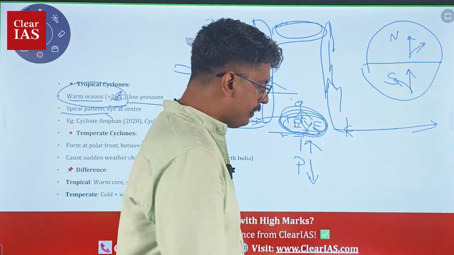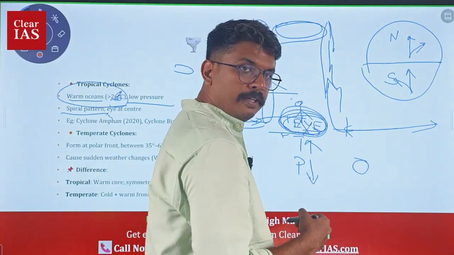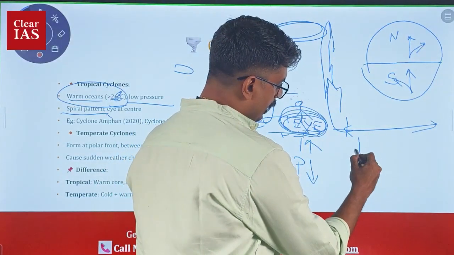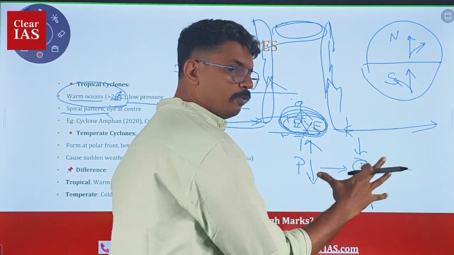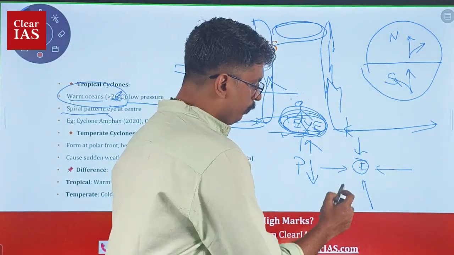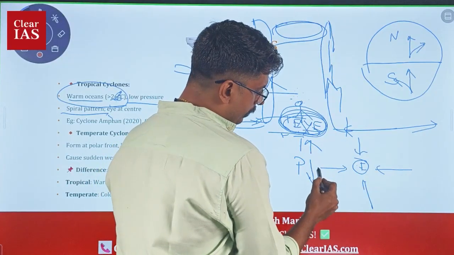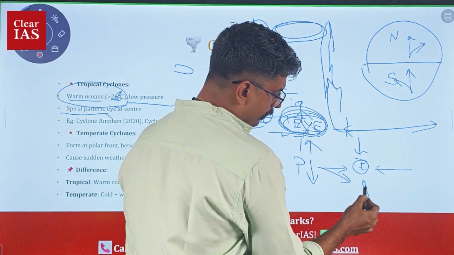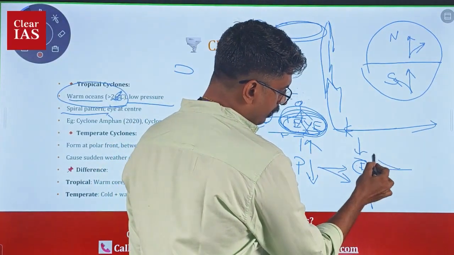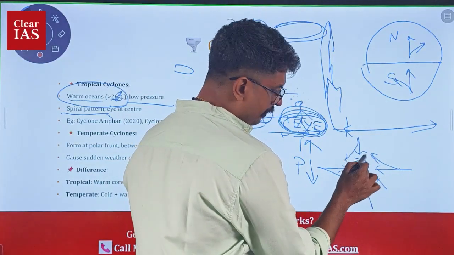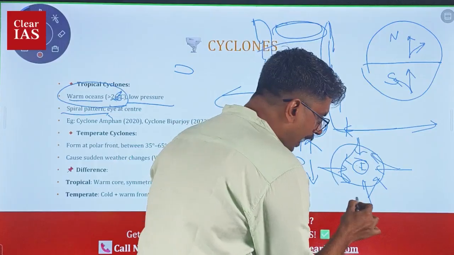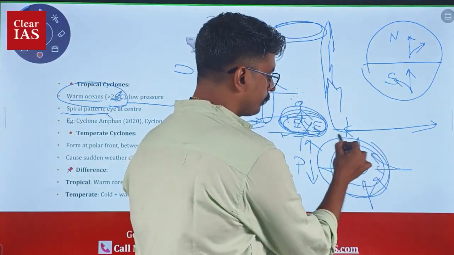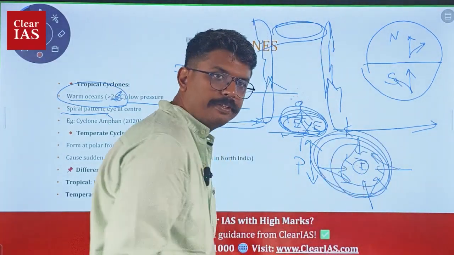So now, just a second. Air is moving in from everywhere. We are seeing the top view. Now, what will happen in the northern hemisphere? The deflection would be towards the right. So, the cyclones rotate in an anti-clockwise direction in the northern hemisphere.